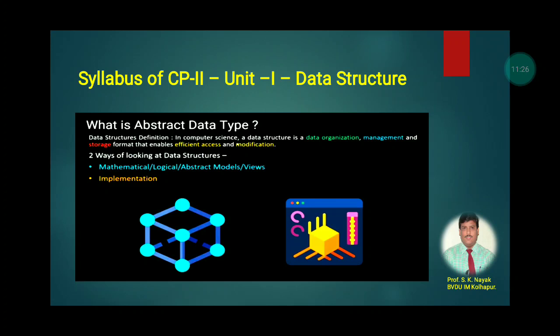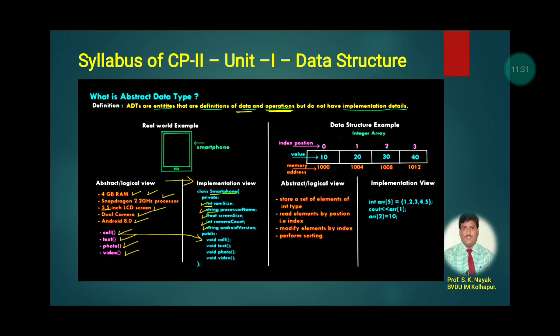Now we can define abstract data type in this particular slide. More specifically, if you see the example, you can find the exact definition of abstract data type. What is the abstract data type definition? Entities that are definitions of data and operations.